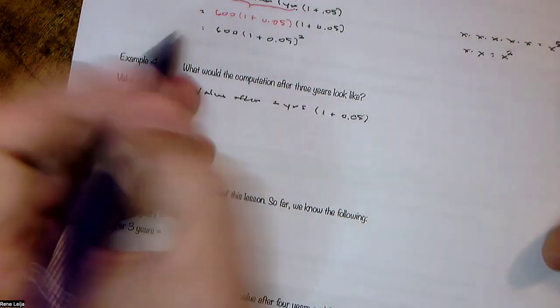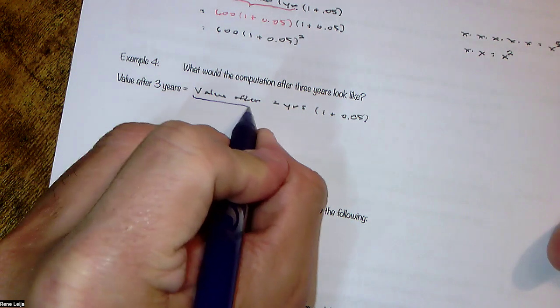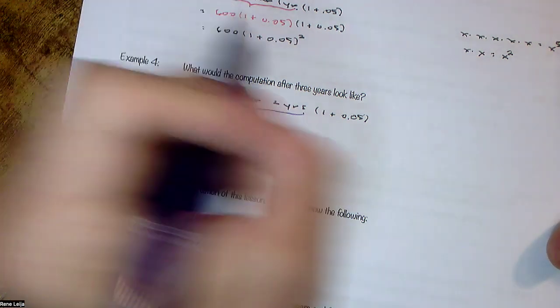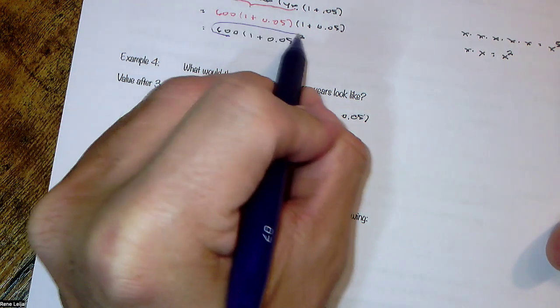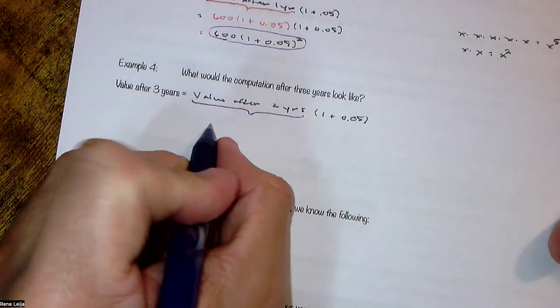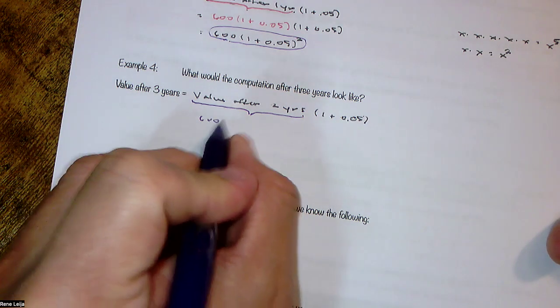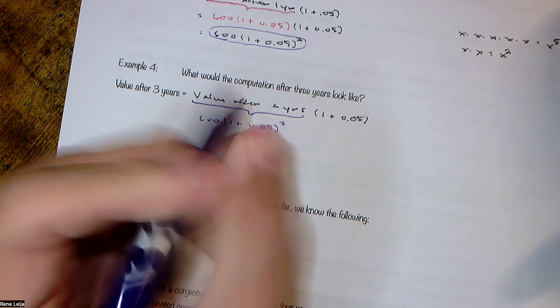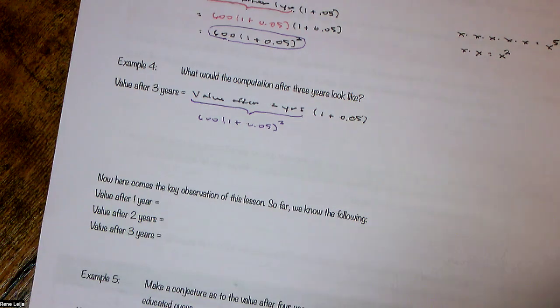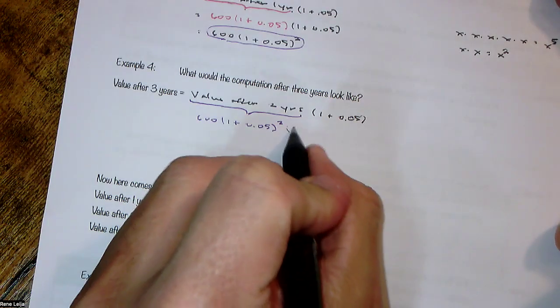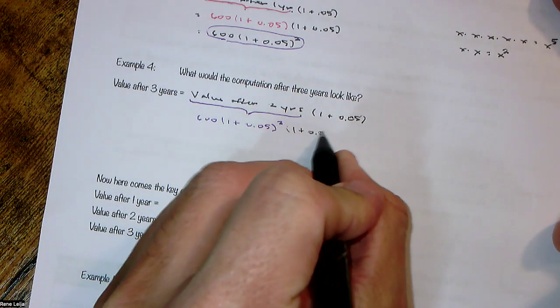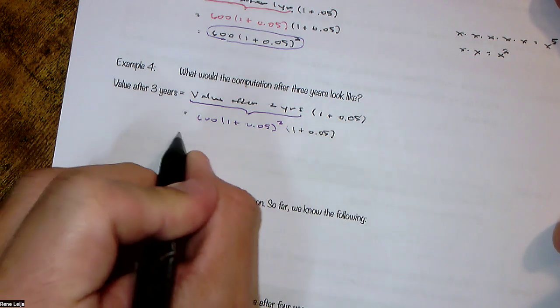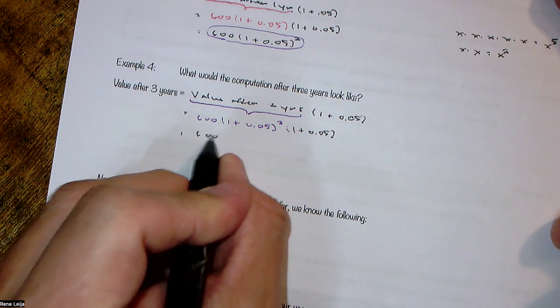Okay, so now remember this, let me use a different color here. So now the value after 2 years, we're going to use this. So 600 times 1 plus 0.05 quantity squared. And then I have this other 1 plus 0.05 that I'm going to multiply it with. Okay, so here's the 600.